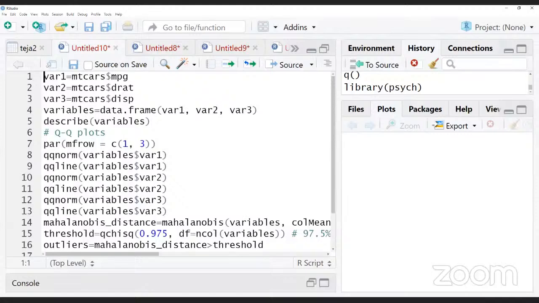Another important part is you have to correlate properly. You have to justify whether your model is correct or not.